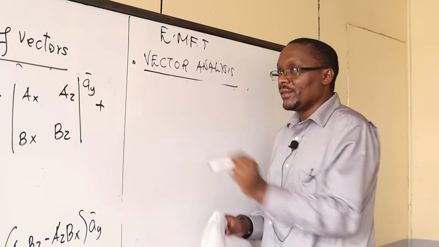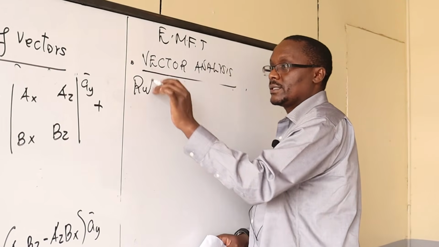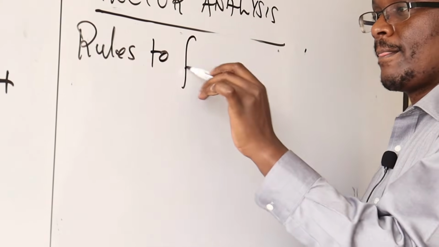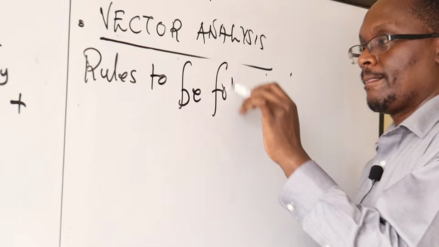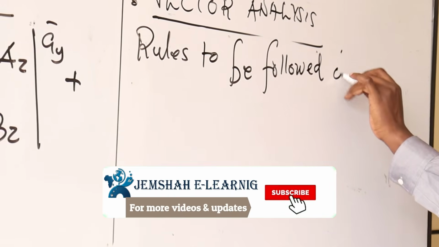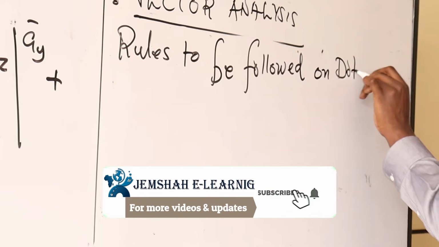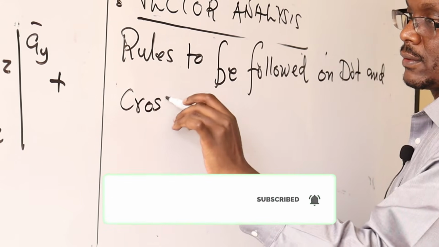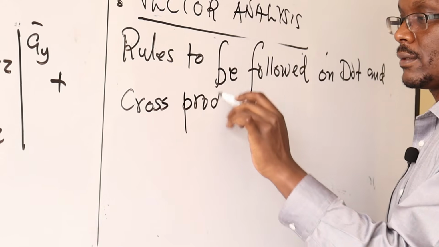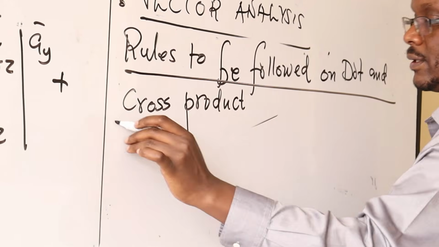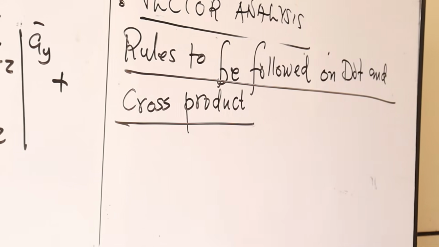So maybe we can look at those rules: rules to be followed on dot and cross product.